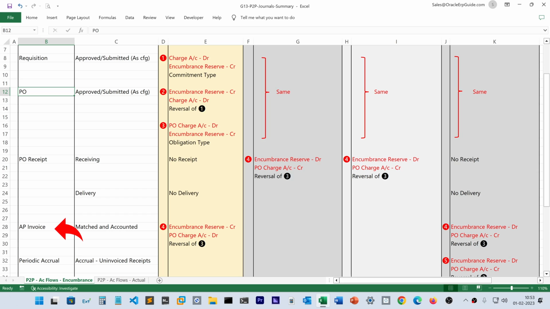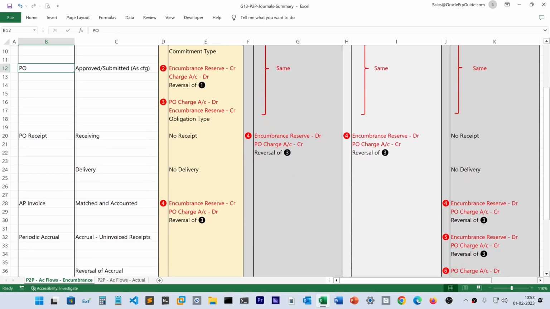When an AP invoice is matched with the PO and the invoice is accounted, this PO encumbrance is liquidated. Because at this stage, it is no longer an encumbrance. At this stage, this has become an actual expense. So this is a reversal of 3. The PO encumbrance is reversed.